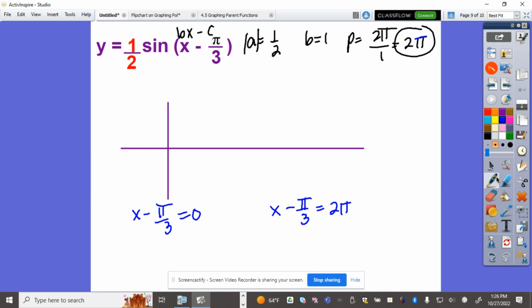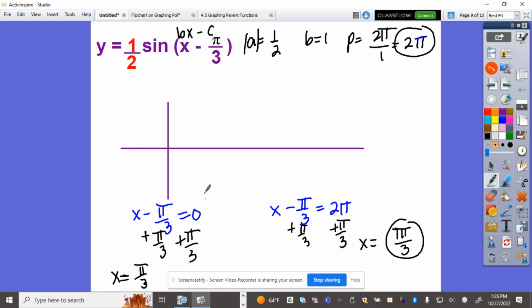Okay, so let's solve it. Add pi over 3 here, add pi over 3 there. So we know that the value of x will begin one cycle at pi over 3. And here you're going to add pi over 3 here, add pi over 3 there. So therefore x is equal to 7 pi over 3.